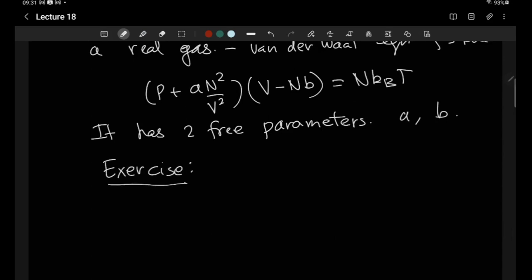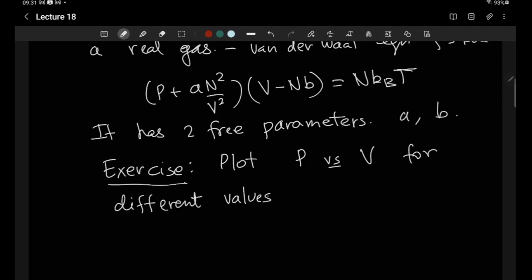What you do here is that first thing is plot P versus V for different values of temperature.